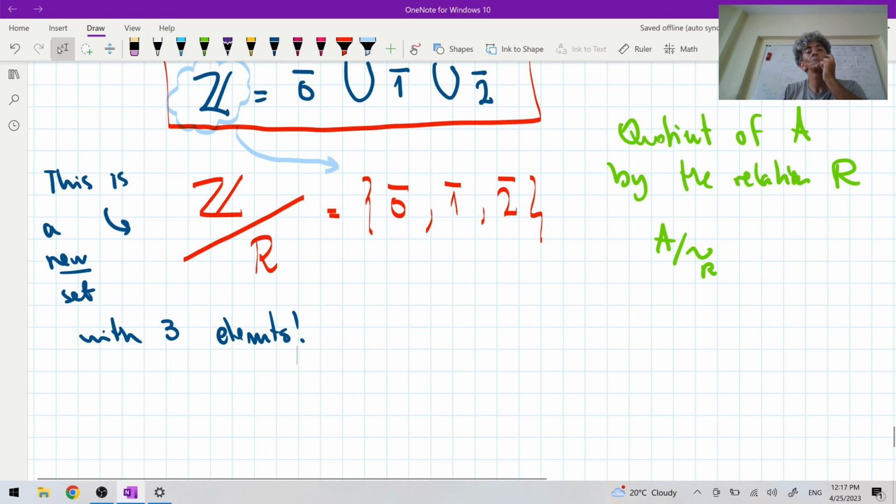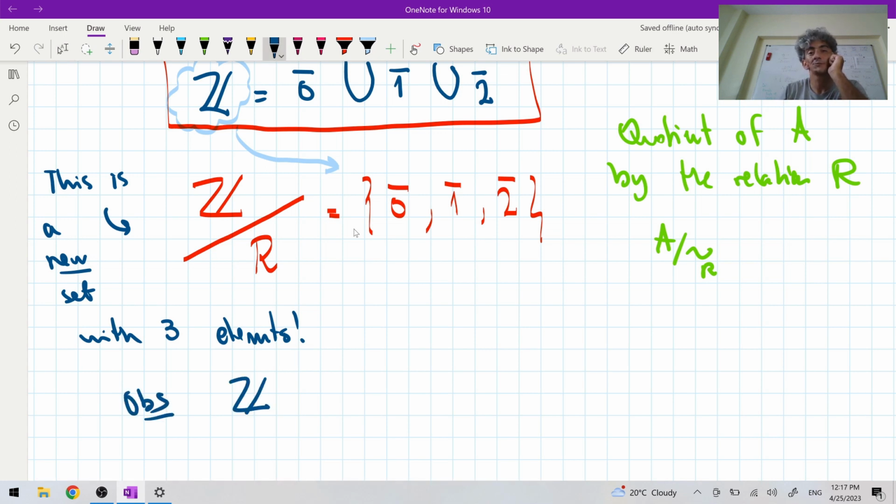In this case, we also get a different notation that's going to be very familiar for us. This is also denoted Z sub 3, the integers modulo 3.